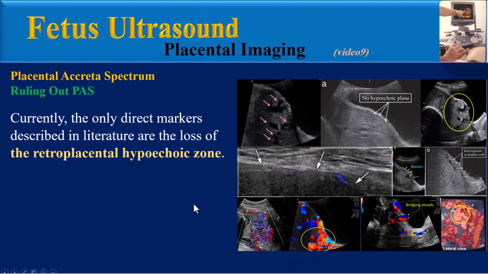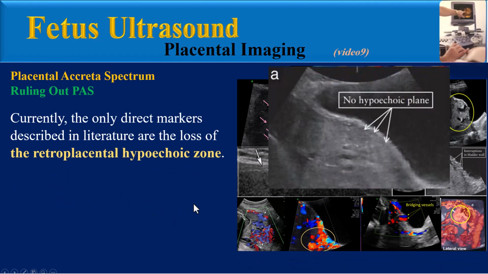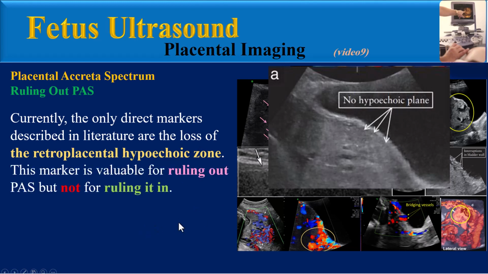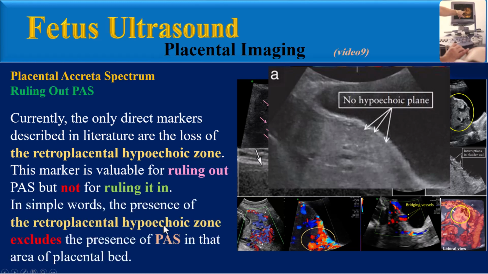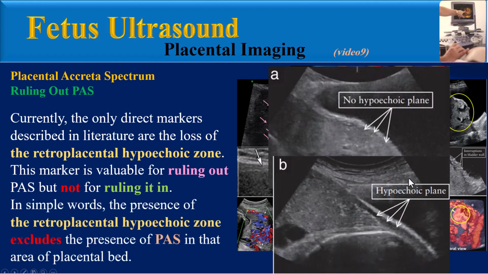Currently, the only direct marker described in literature is the loss of the retroplacental hypoechoic zone. This marker is valuable for ruling out PAS but not for ruling it in. In simple words, the presence of the retroplacental hypoechoic zone excludes the presence of Placenta Accreta Spectrum in that area of the placental bed.